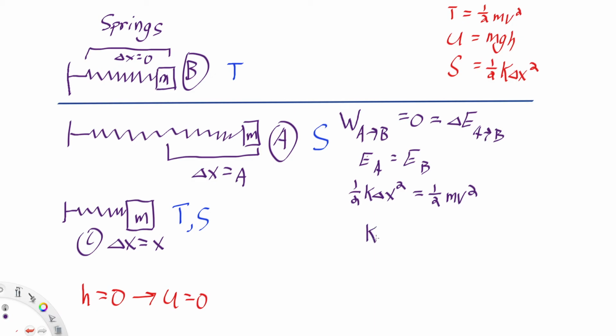So we'll have k A squared equals m v squared, or we can say v is equal to the square root of k over m times A. Everyone with me so far?